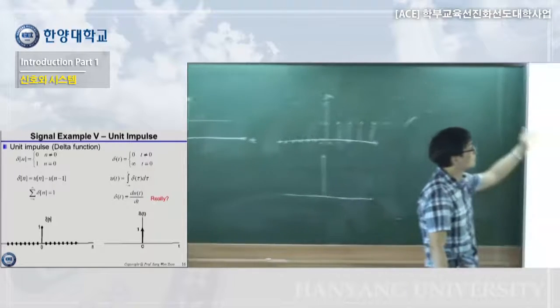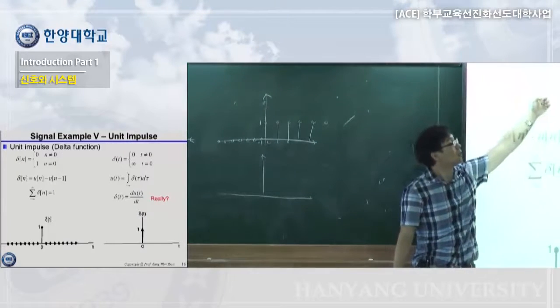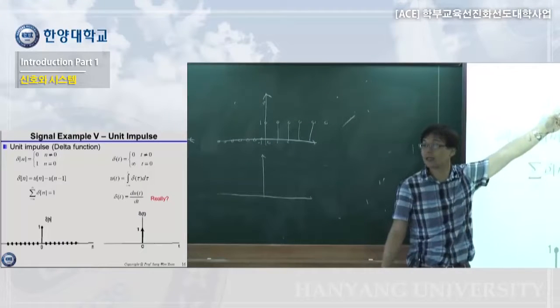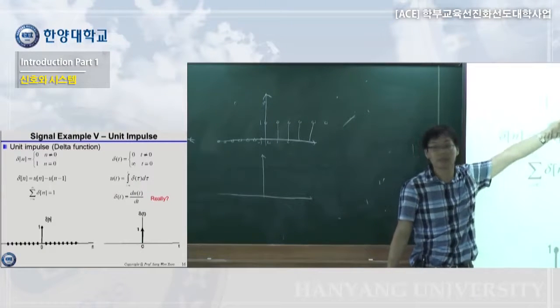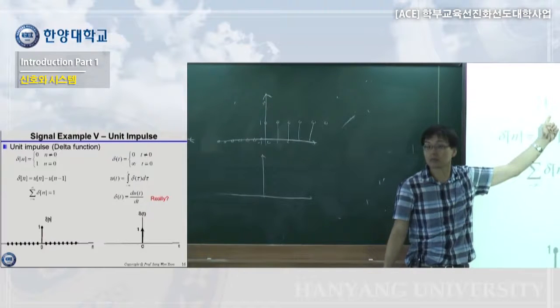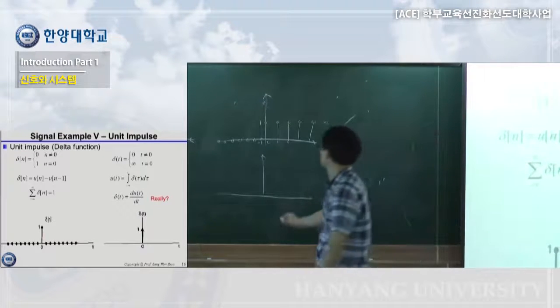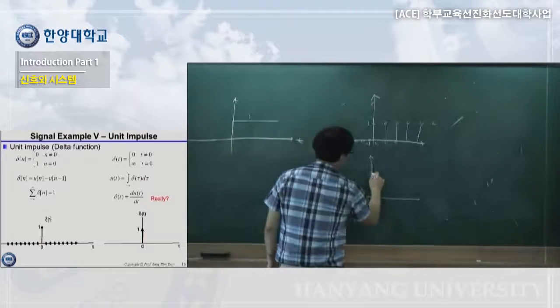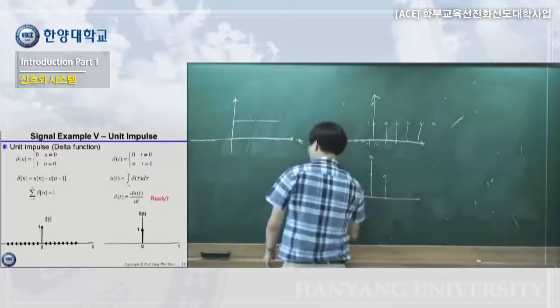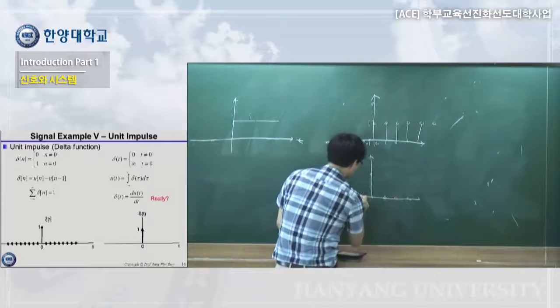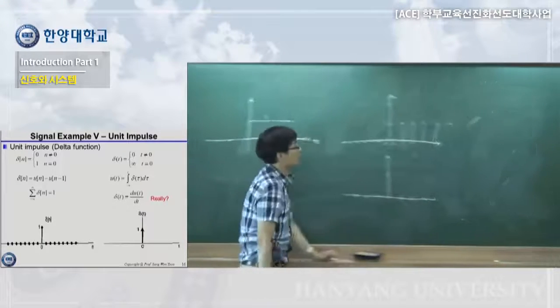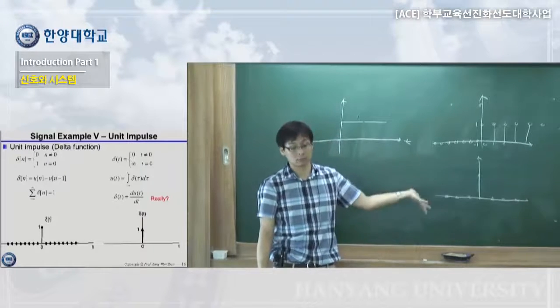The delta function is 0 when n is not 0. When n becomes 0, they become 1. So, like this. Okay?